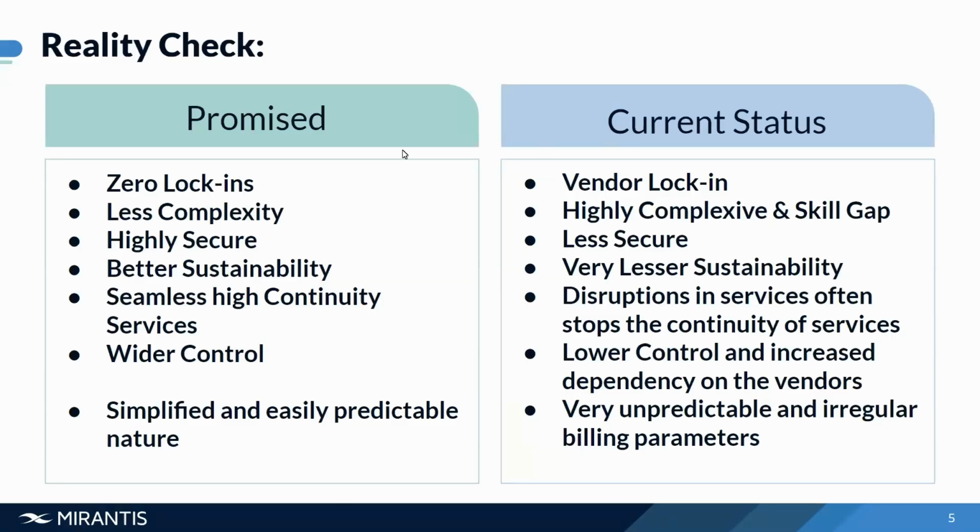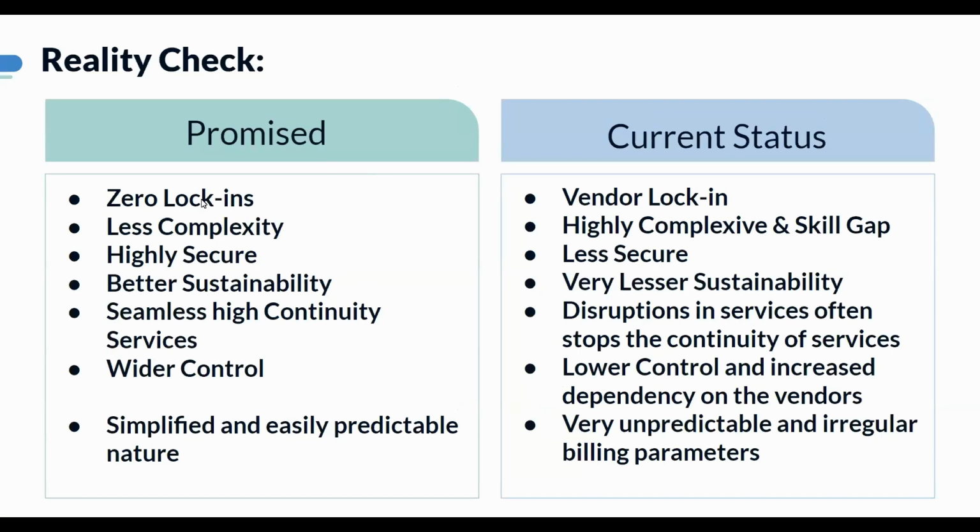it was promised that the cloud would provide certain assurances like zero lock-in policies, less complexity, higher security. But on the other hand, we have been seeing that the prices of handling your clusters or nodes and all the resources on the cloud side have been skyrocketing.